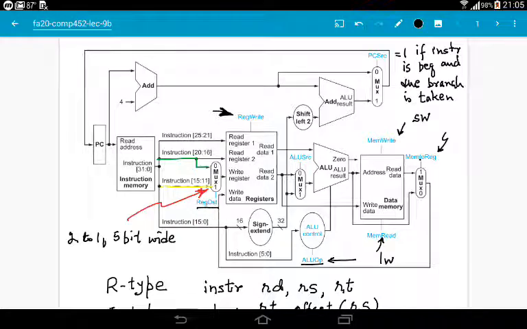And what is the input of the main controller? The input of the main controller is obviously the 6 bits of the opcode. Do we need any other inputs besides those 6 opcode bits? Actually, we don't.